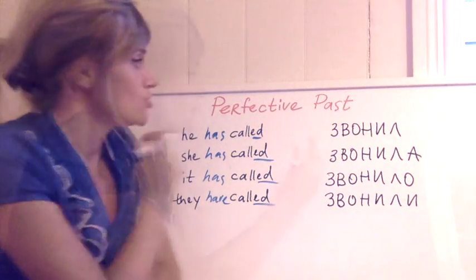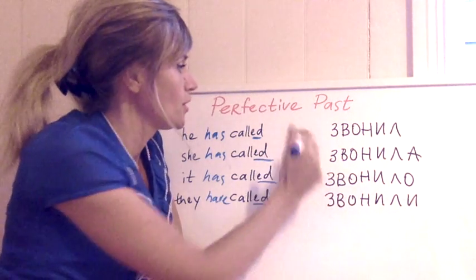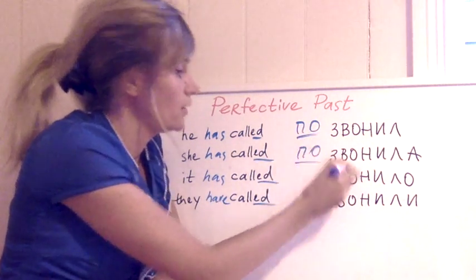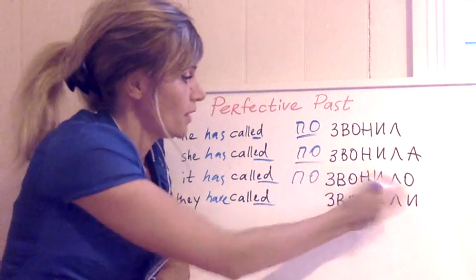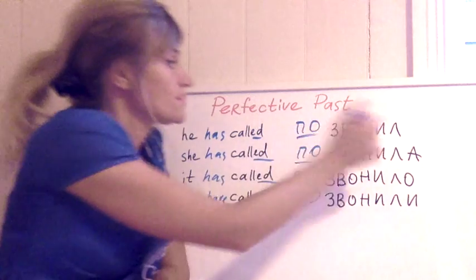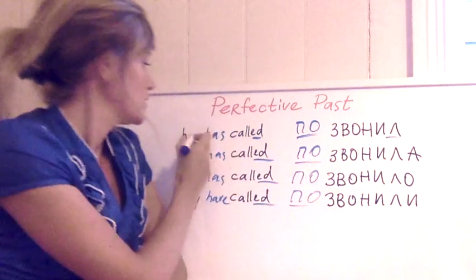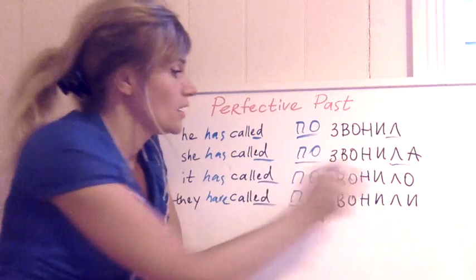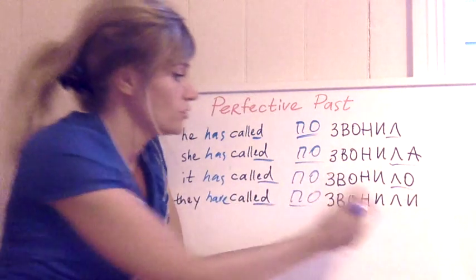Okay. In Russian, particularly with this verb, you will use позвонил, позвонила, позвонило, позвонили. Позвонил, he has called. Позвонила, she has called. Позвонило, it has called.